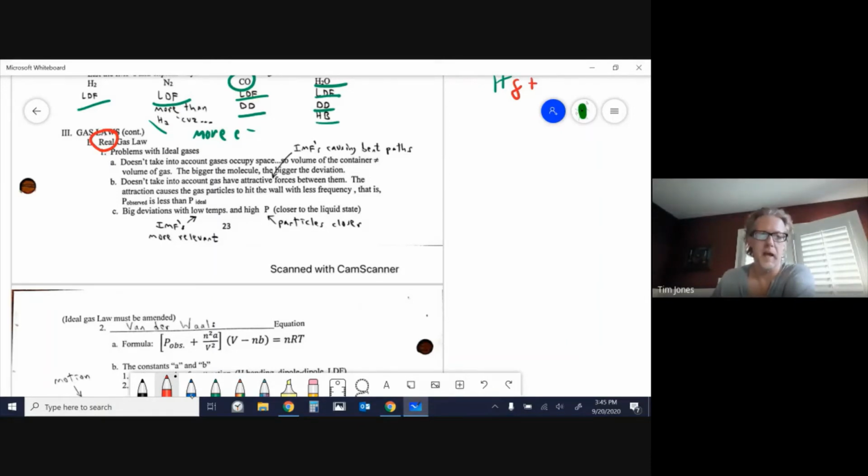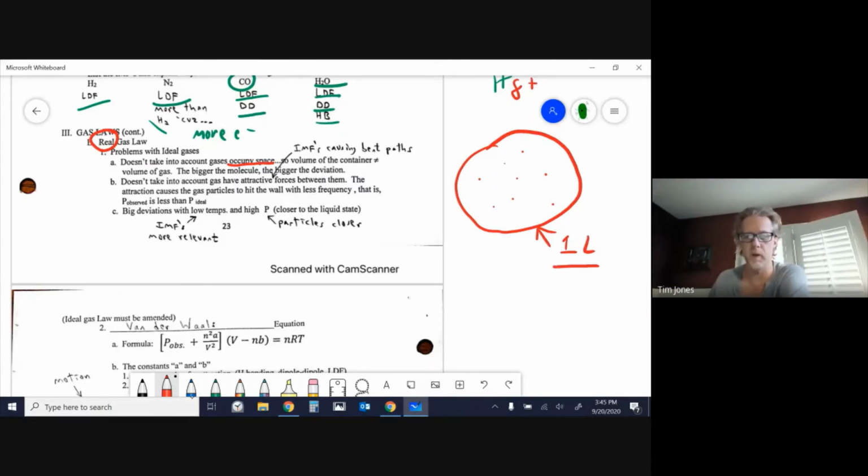First, actual gases occupy space. If you have a container and you have a few gas particles, they don't take up very much space. But they do take up some amount of space. So for example, we usually assume, let's say this was a 1 liter container, we assume the gases have 1 liter to move around in.